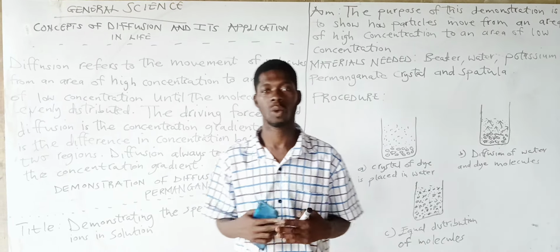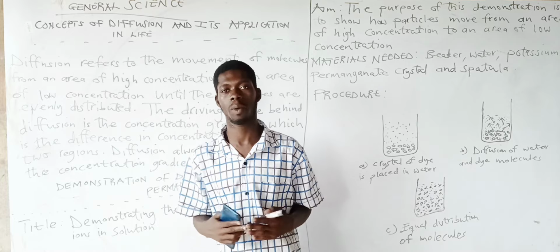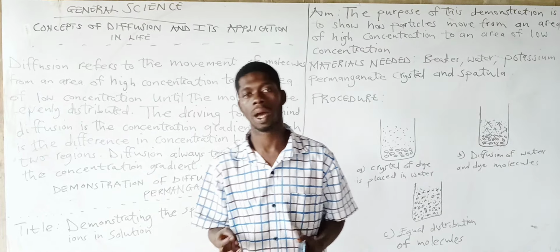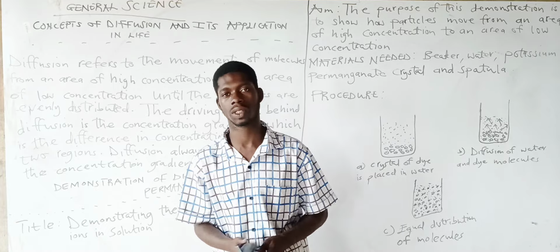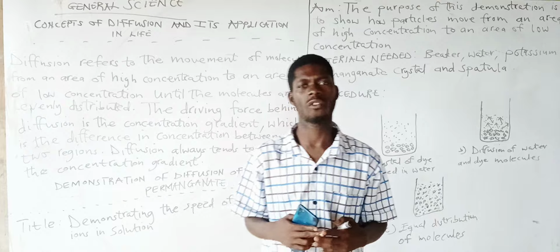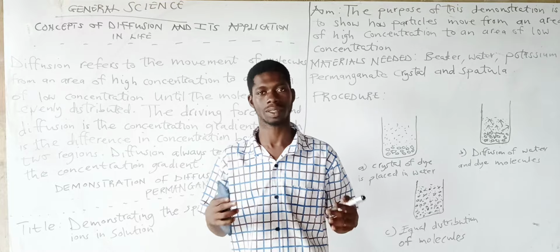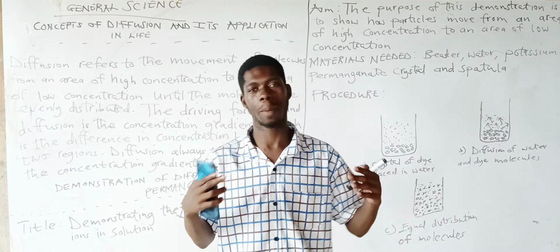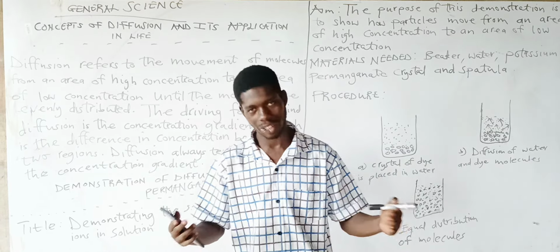We are done with reproduction in animals, in which we talk about some of the terms in reproduction. We talk about ovulation, fertilization, copulation, and some other terms as well. We also talk about the functions of the male reproductive organ or system: the testes, the epididymis, the penis, and the other functions.